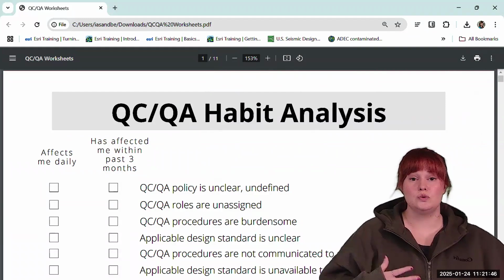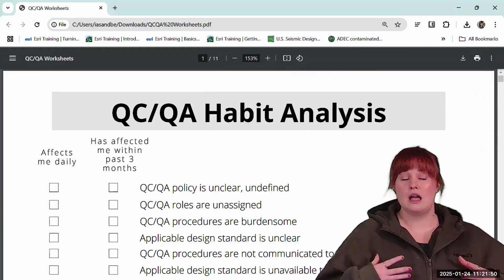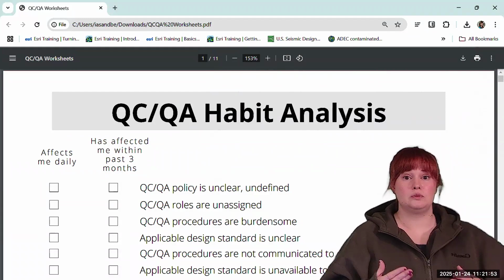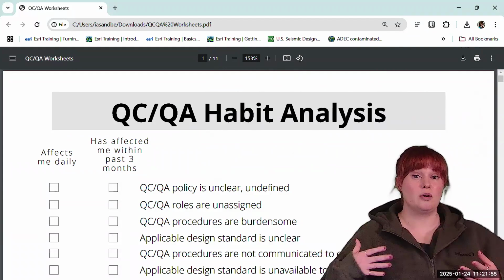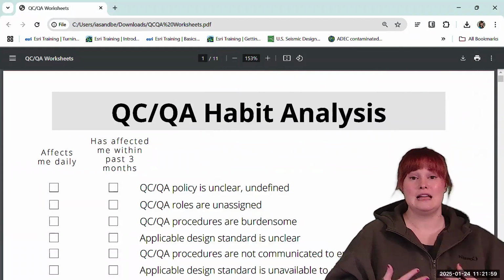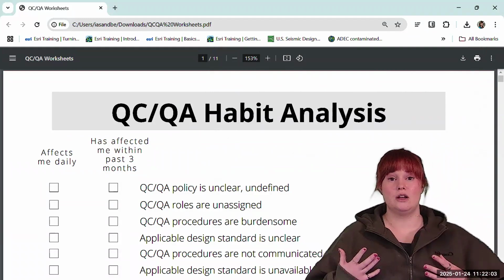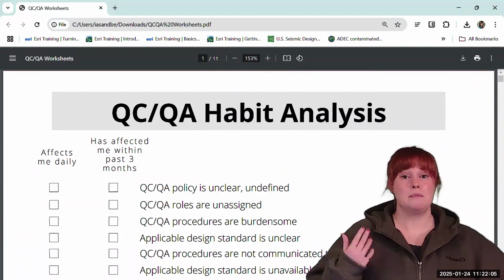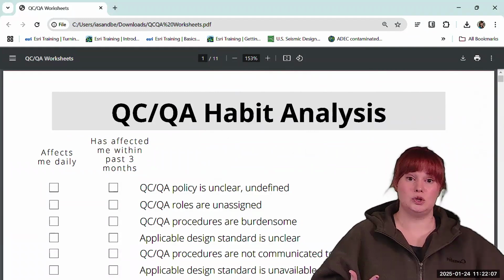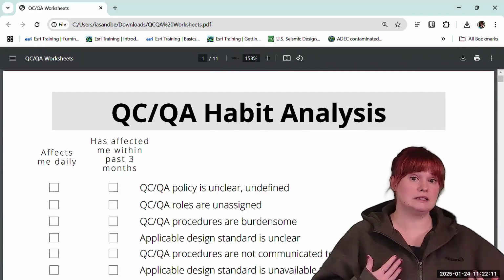I would encourage you, this is not a super comprehensive list, but hopefully it will get you thinking a little bit. I would encourage you to go through these worksheets if you possibly can with another person in your organization, a QC, QA buddy, maybe somebody that you work closely with, because it can also be helpful to see from another person's perspective, maybe the things that are affecting you and your ability to do QC, QA aren't what are affecting someone else.